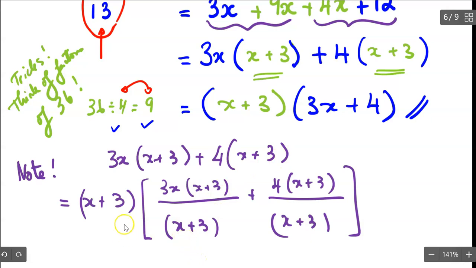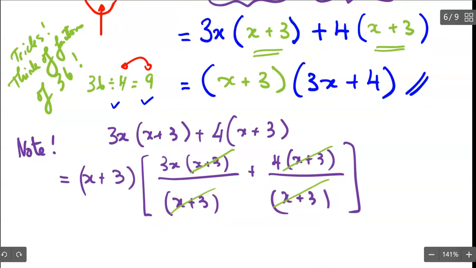So it means that in order to balance it out and to get back to its original expression, when you multiply, you must divide, right? So you divide each of this into this. So obviously, you see that cancel out, that cancel out. So therefore, you end up with x plus 3, and then your term inside the bracket becomes 3x plus 4.